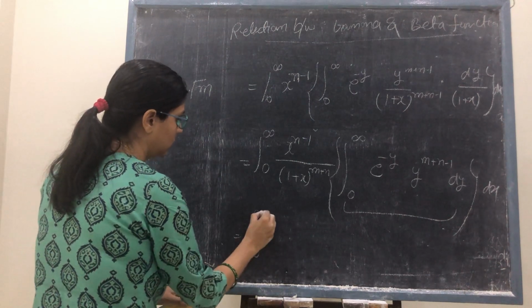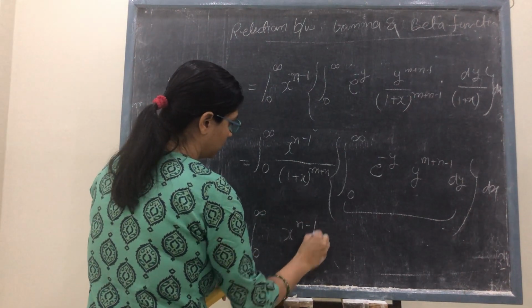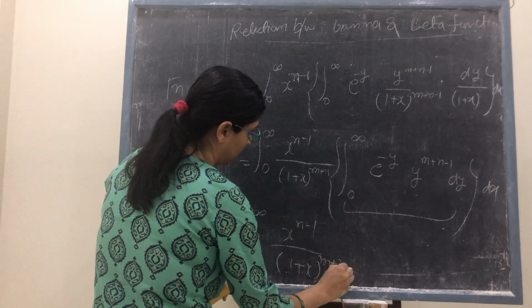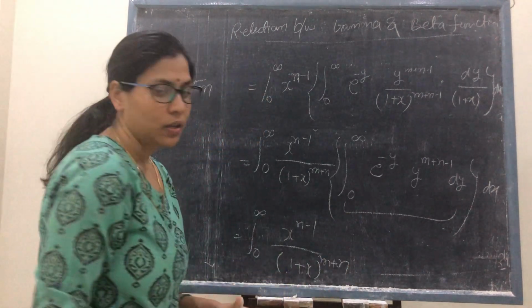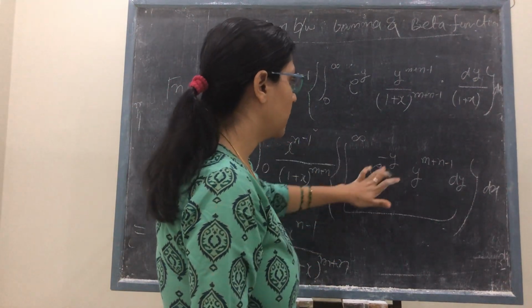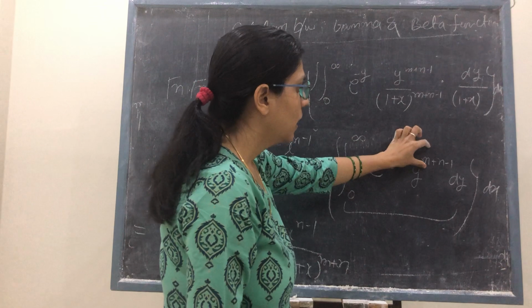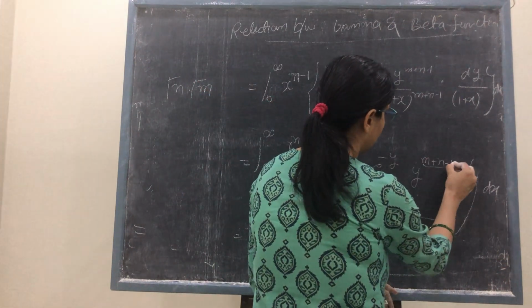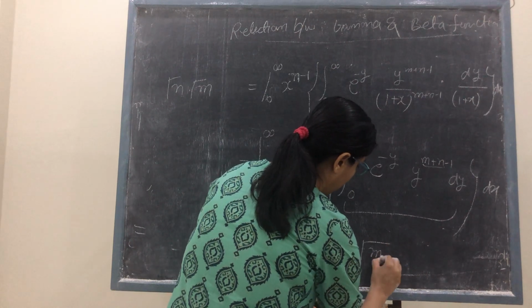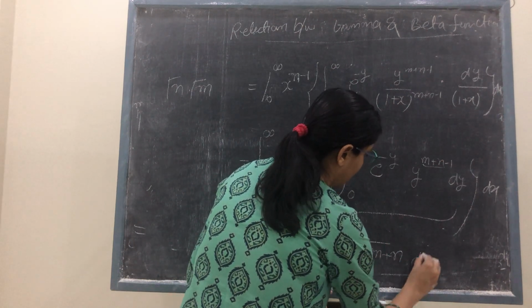Now this is the integral from 0 to infinity x raised to the power n minus 1, 1 plus x raised to the power m plus n. From the definition of gamma function, the integral from 0 to infinity e raised to the power minus y, y raised to the power m plus n minus 1 dy, we can write this gamma of m plus n into dx.